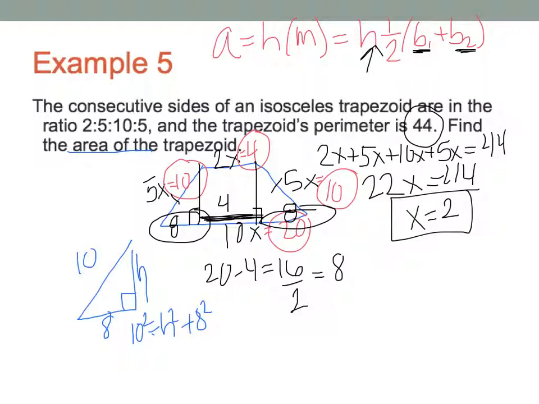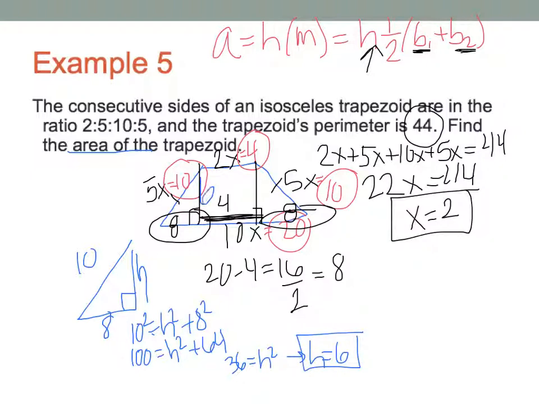And now if we keep solving for this, we get 100 equals h squared plus 64. I subtract 64 from both sides and I get 36 equals h squared, which now gives me a height of 6. I have my height, folks.